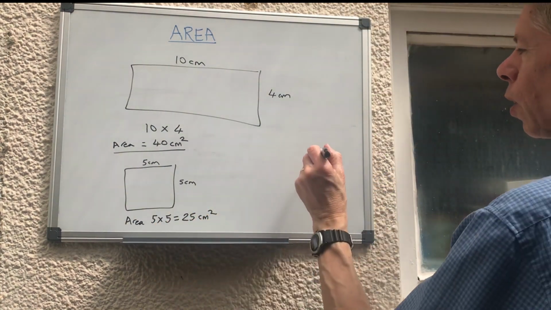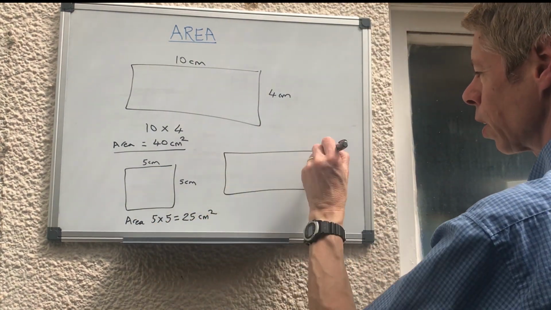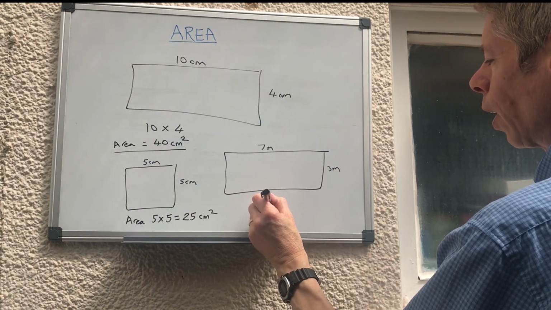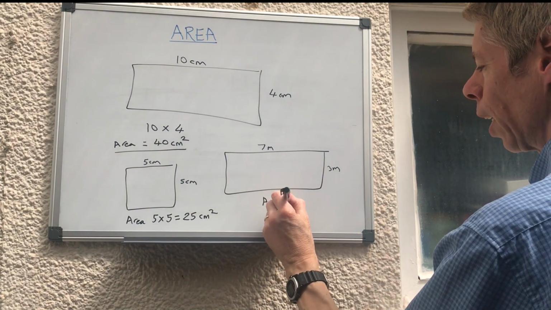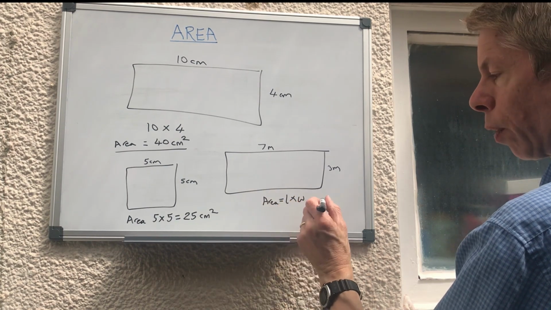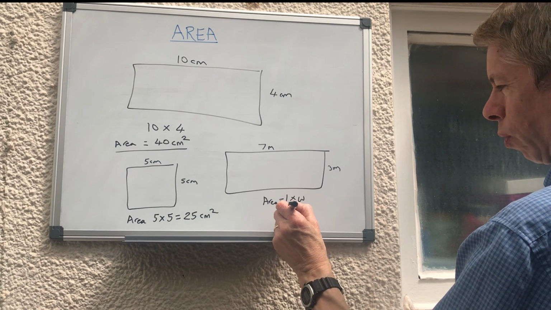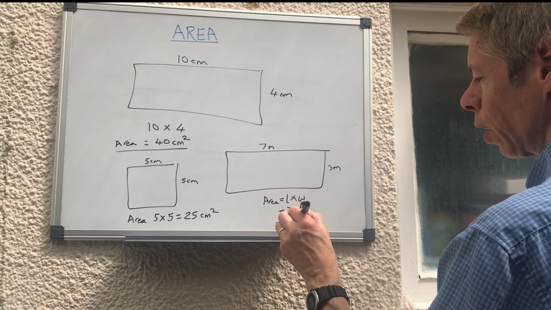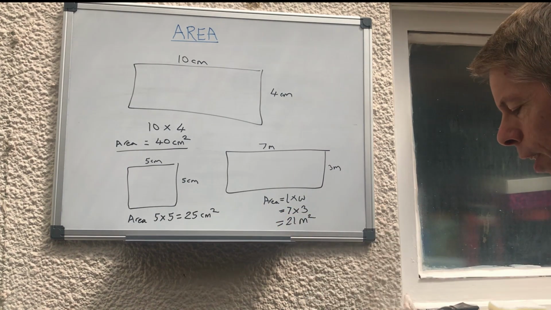Could be in metres, obviously not to scale, so 7 metres by 3 metres. The area would be length times width. You can write L for length, W for width, which equals 7 times 3, which is 21 metres squared.